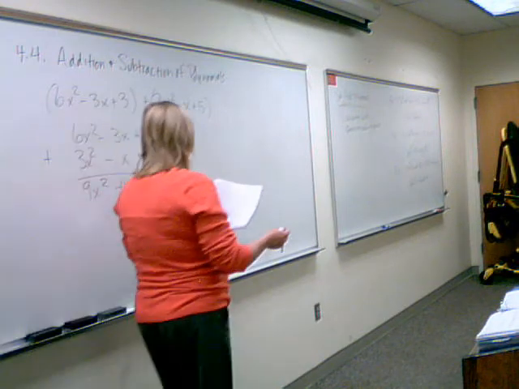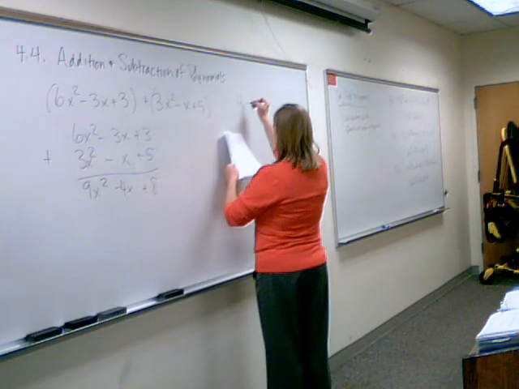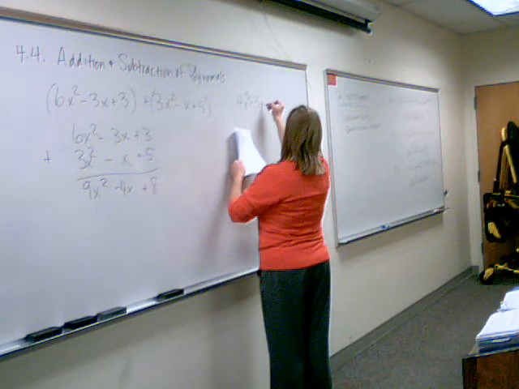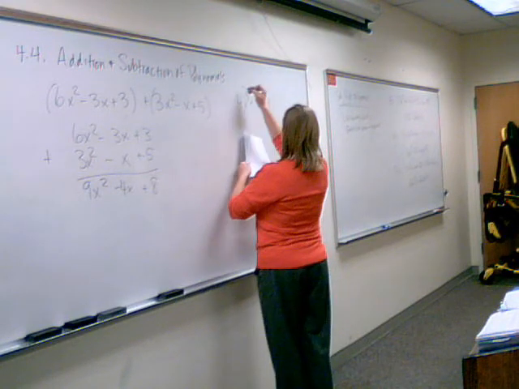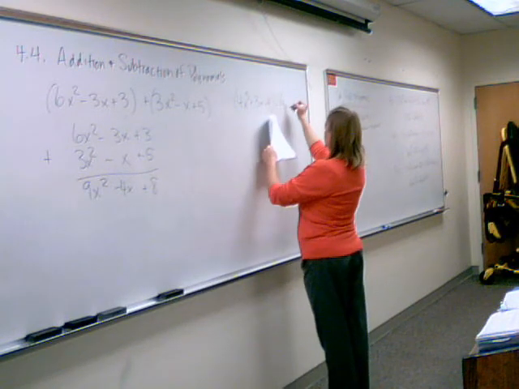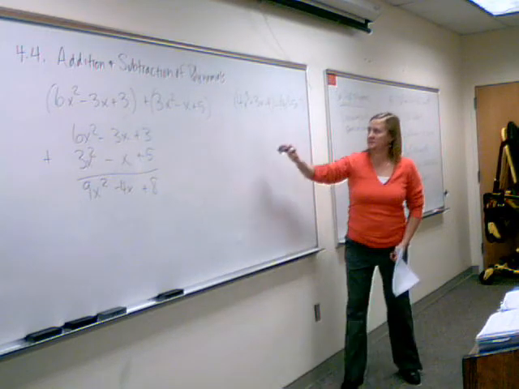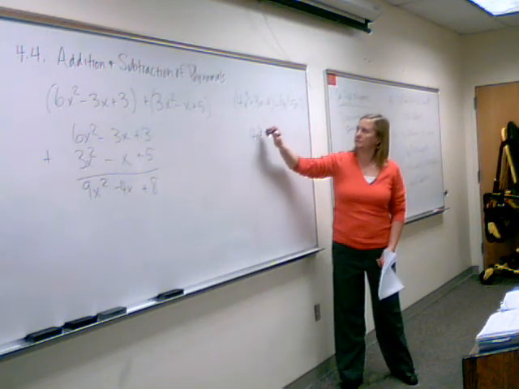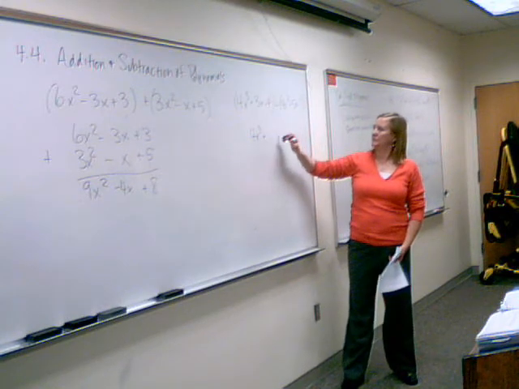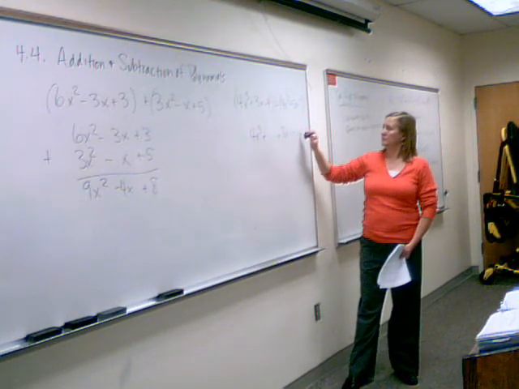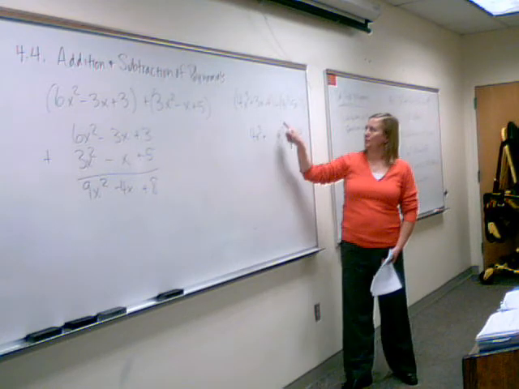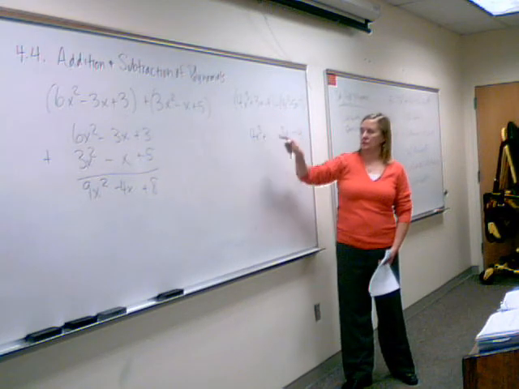Here's an example of them wanting you to do it vertically where you have to put in a 0 as a filler term. Let's say I'm doing this vertically again. When I go to write this term, there's a 4x squared, but there isn't a 4x squared here.